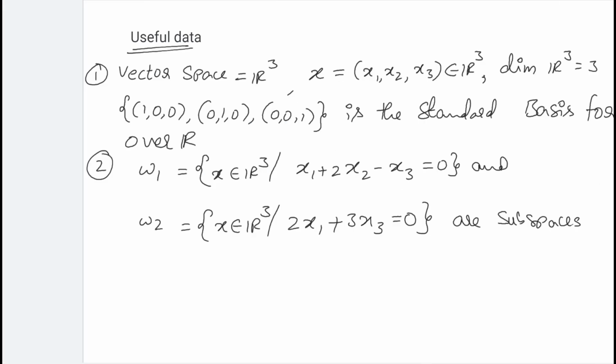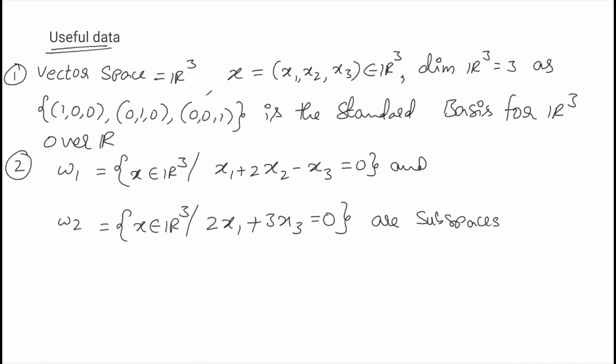Now coming to the useful data from the given problem: the vector space given is R cube, and the vectors in R cube are taken as x equal to the ordered 3-tuple x1, x2, x3. We know that the dimension of R cube is 3, as we have the standard basis for R cube over R as 1 0 0, 0 1 0, 0 0 1.